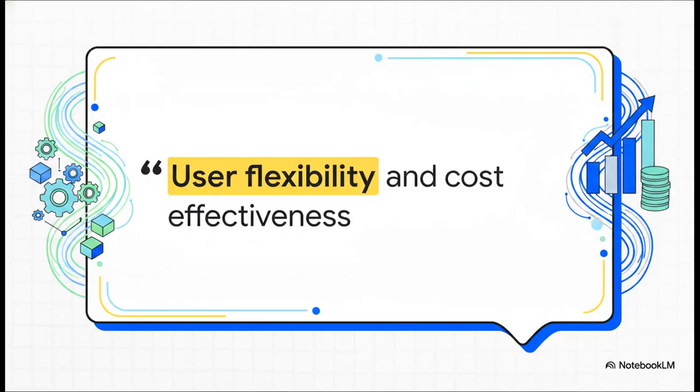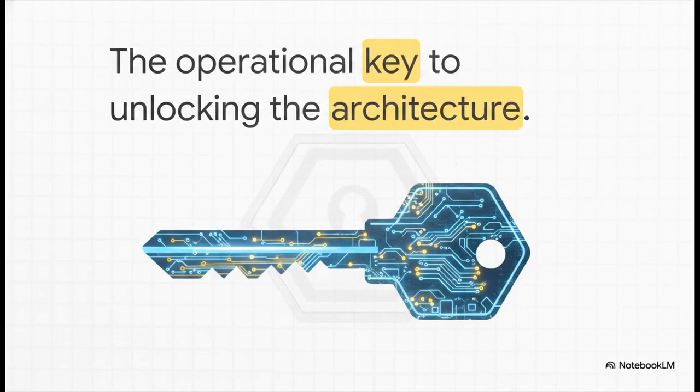The crucial takeaway here is that the source text doesn't treat these as an either-or scenario. It explicitly binds them together, user flexibility and cost effectiveness. In the context of this specific AI core IT solution, they go hand in hand. The architecture actually dictates that you cannot fully achieve the intended design without realizing both outcomes simultaneously. They are parallel mandates.